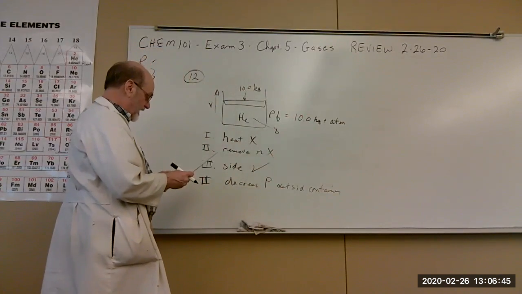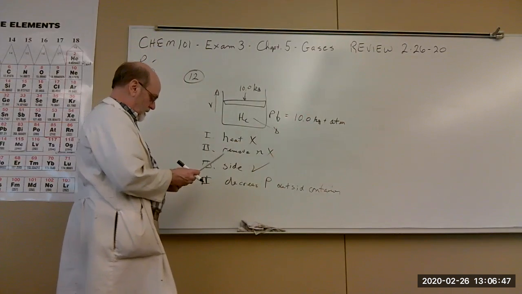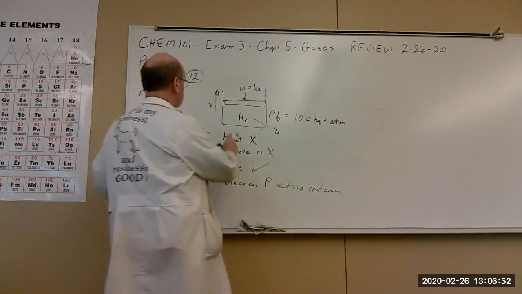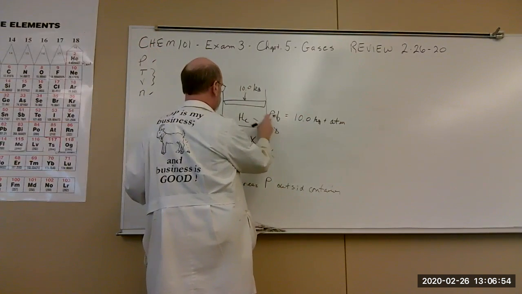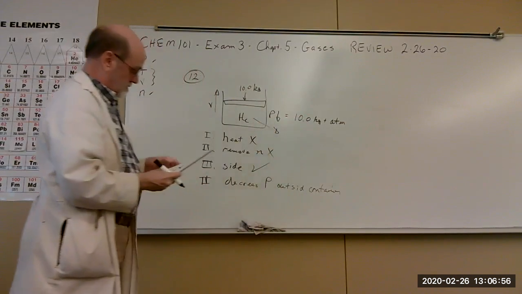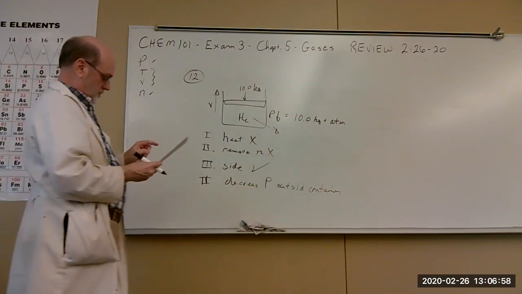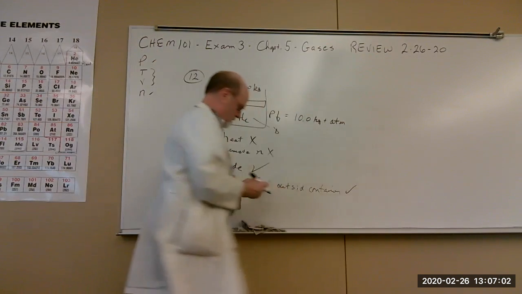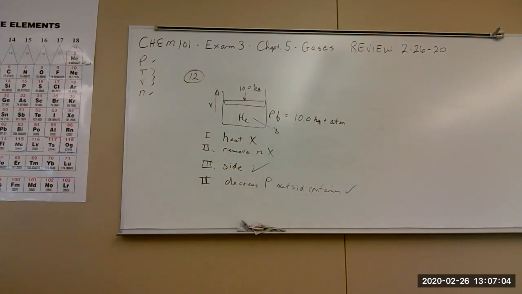So that being the case, what would happen? Decrease the pressure. You know what? This one is true. See, I found an error. Let me look at my explanation and see if I've got, there's no explanation.